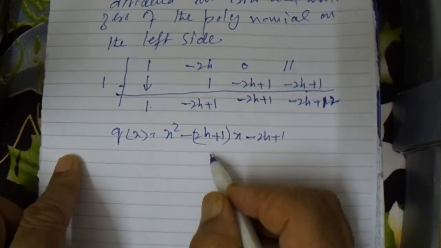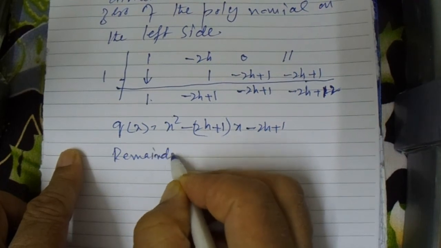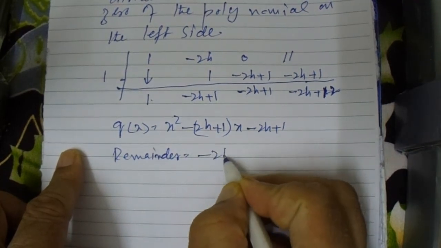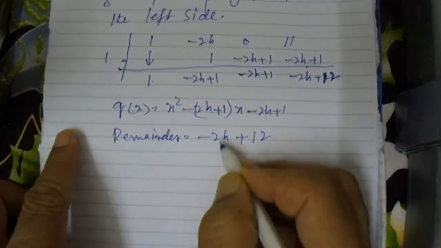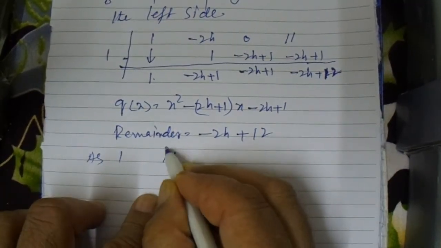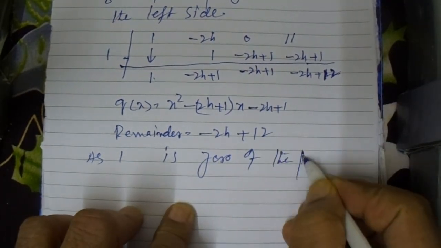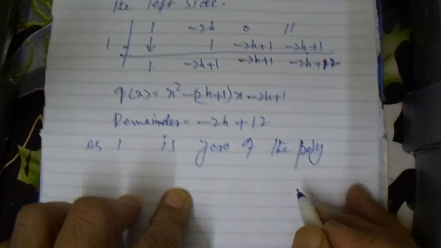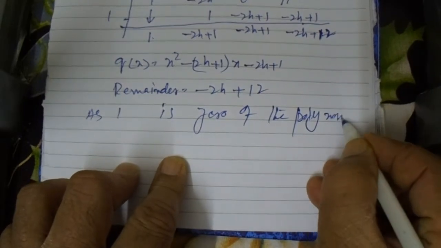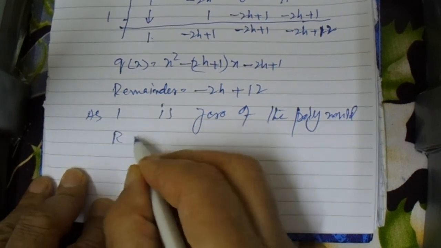Now the remainder is minus 2h plus 12. As 1 is the zero of the polynomial, we put r is equal to 0.